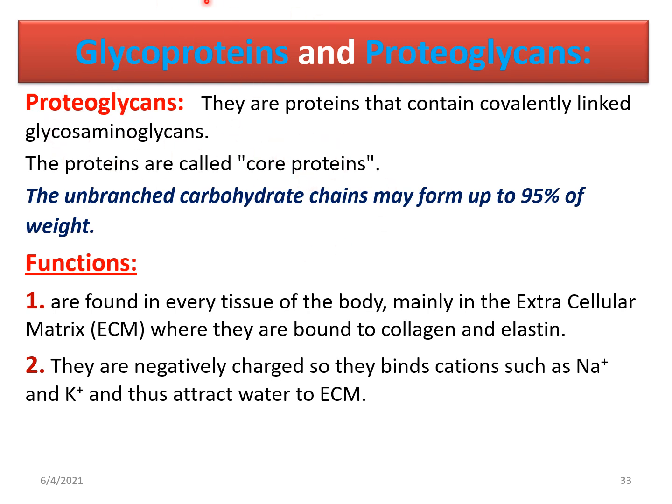But with proteoglycans, the unbranched carbohydrate chain, the glycosaminoglycan, may form up to 95% of the weight of proteoglycans. In other words, the glycosaminoglycan, the carbohydrate portion, constitutes the highest proportion of the proteoglycan molecule.